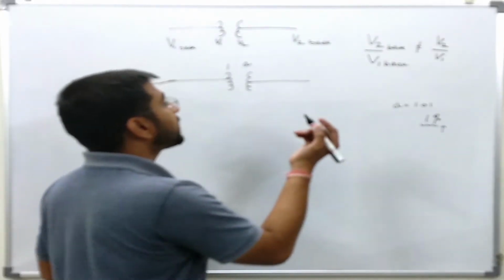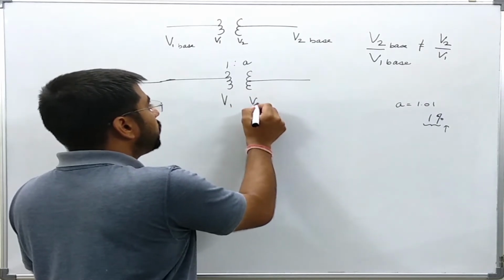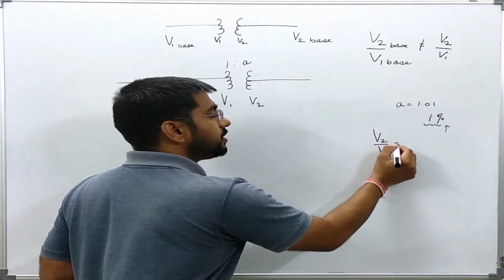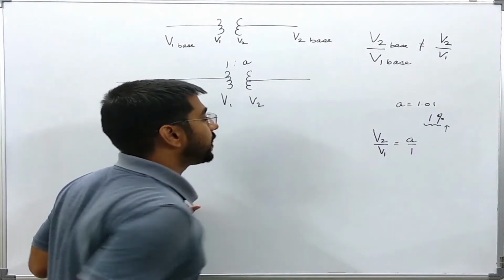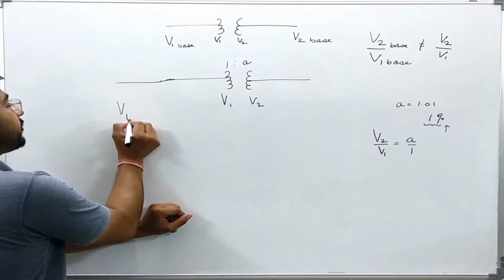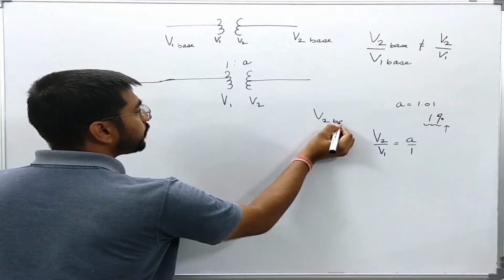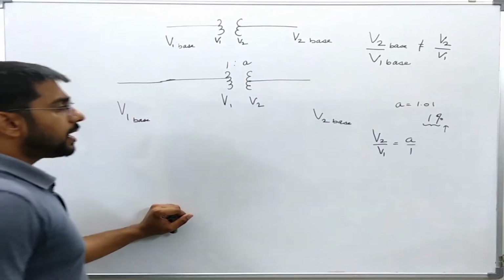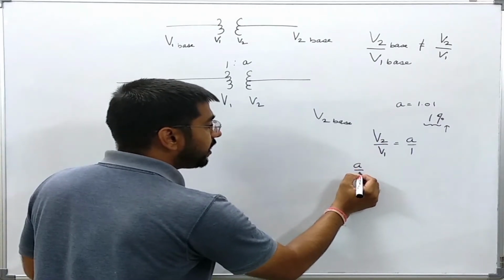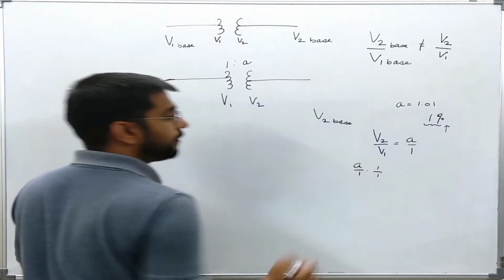You see, let us say this transformer is having V1, V2, which is in the ratio V2 over V1 is equal to A over 1. However, the voltage bases are V1 base and V2 base. Now I can write A by 1 simply as A by 1 into 1 by 1.